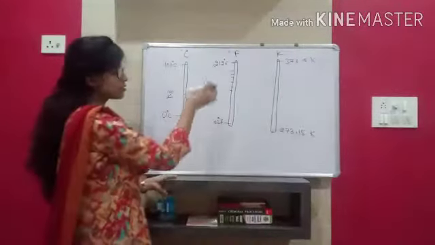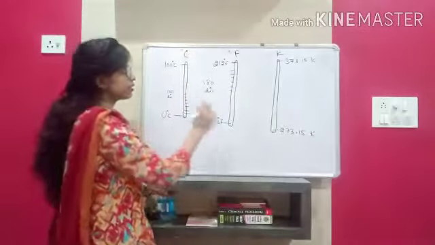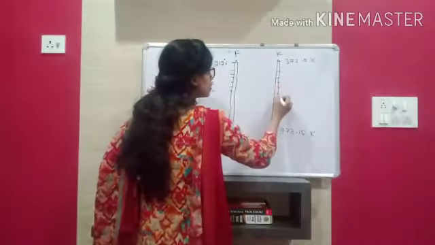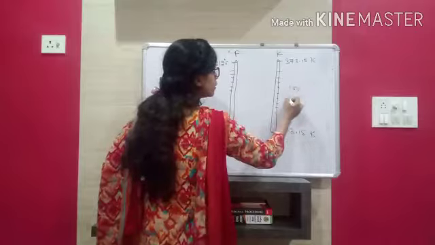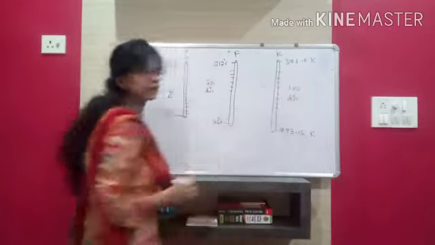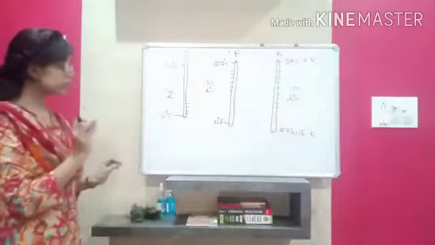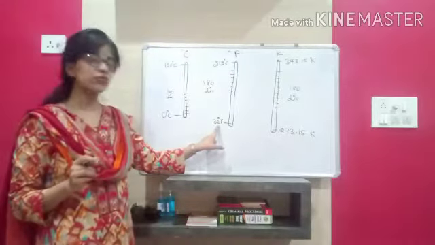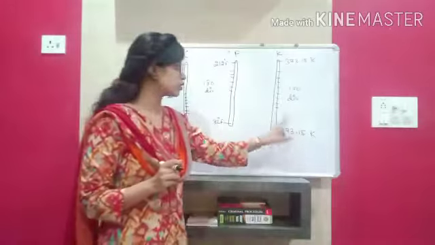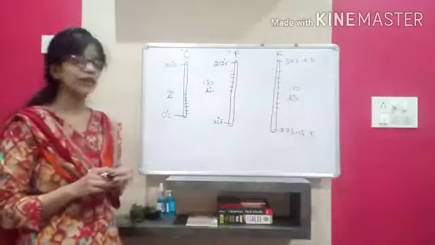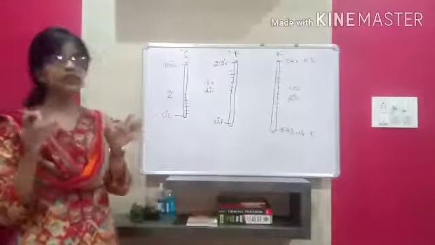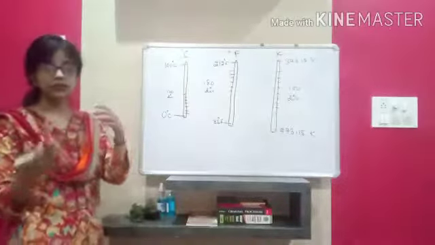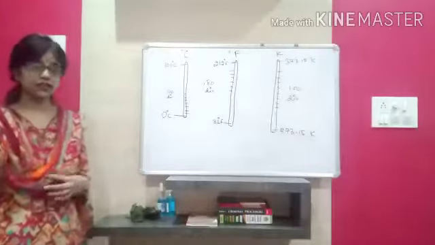Since it is from 273 to 373, it also has 100 divisions. So 0 degree Celsius is equal to 32 degree Fahrenheit is equal to 273.15 Kelvin. These are the three scales which we commonly use: Celsius, Fahrenheit and Kelvin.